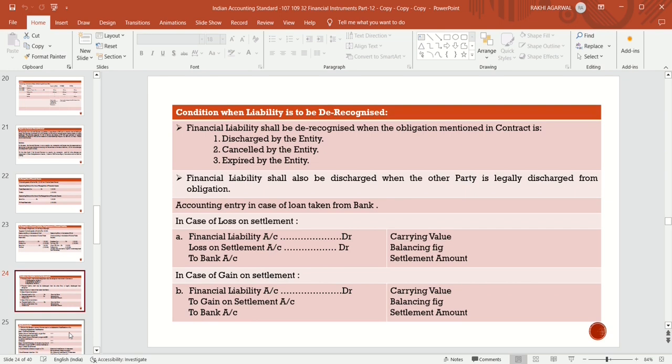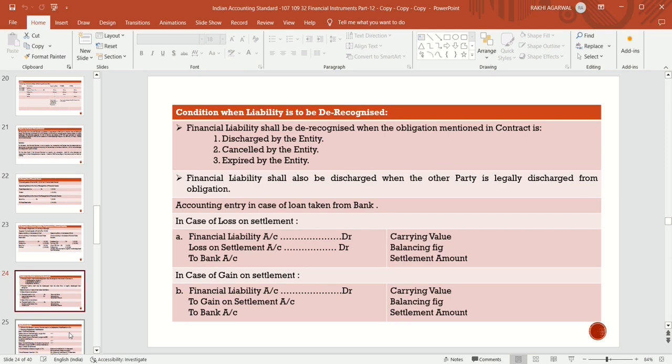Now, the accounting entry in case of a loan taken from a bank. If the loan is taken from a bank and there is a loss on settlement, then what accounting entry is to be passed?